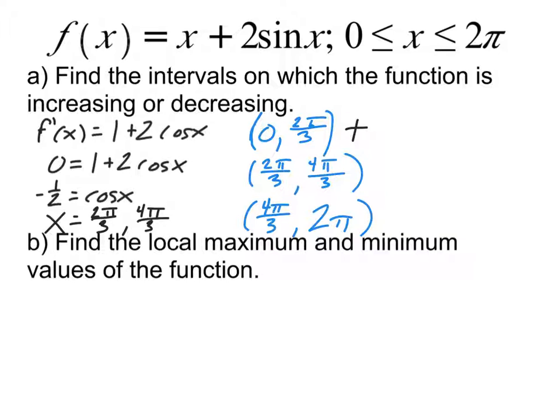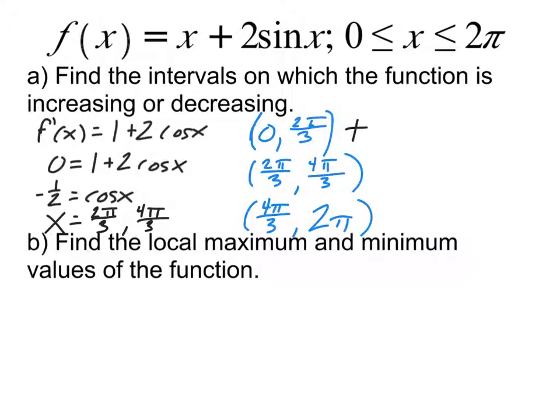Or the other method you could use is a graphing one, because we know what the graph of this derivative function would look like. Remember, I'm just considering what the derivative is. I know it's a cosine graph, so it'd start at the top. And so I know it's doing one of those. And within there, I know that these are my zeros.